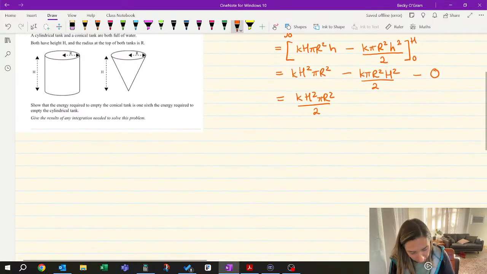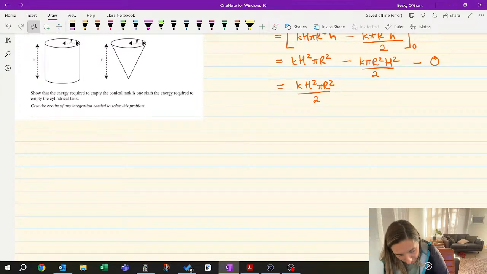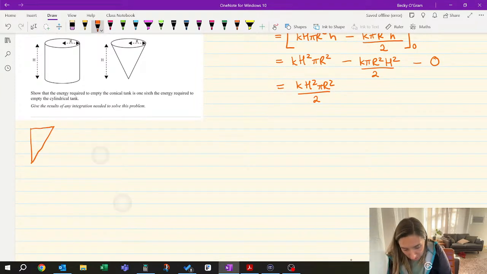I'll just scroll up and think about what we've got going on with the cone. We have capital H is the full height, capital R is the full radius, but as the water goes down, we get a different value for r.